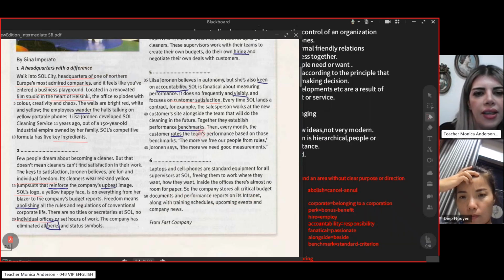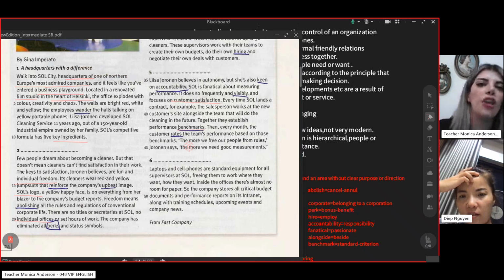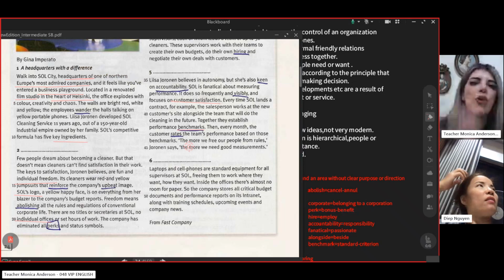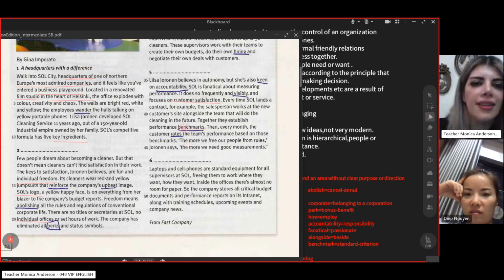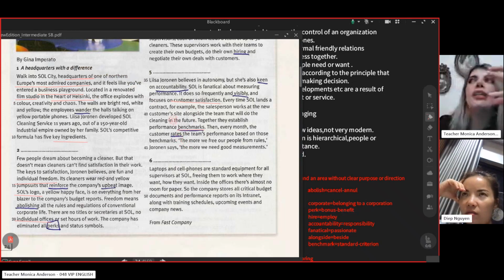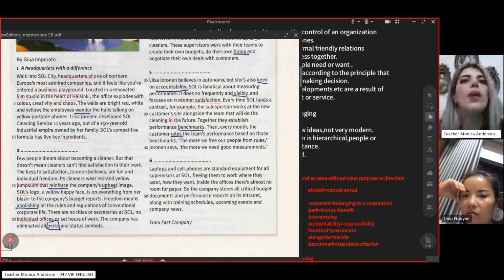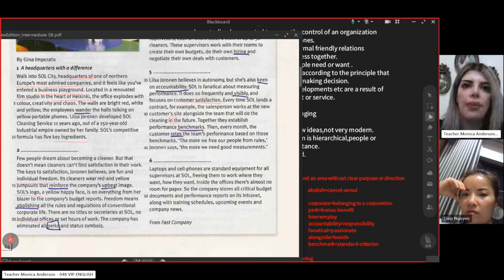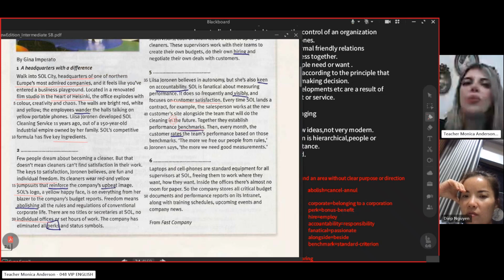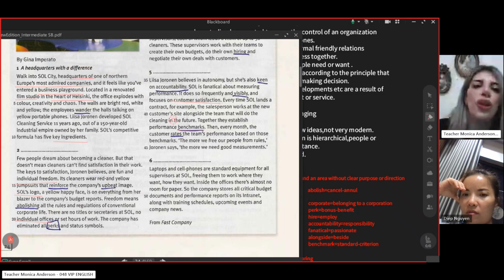Yeah, look, this one, what do you think? Benchmark. Bench and mark, benchmark. And this combination is always used as one word, benchmark. But bench and mark are two different words.